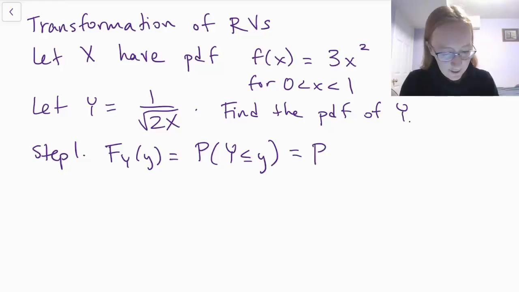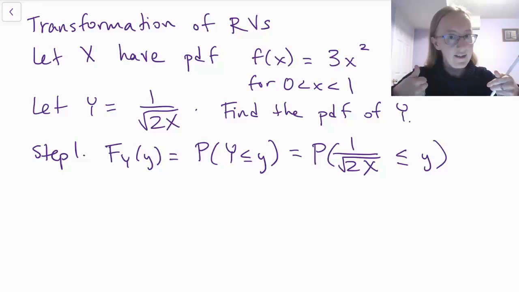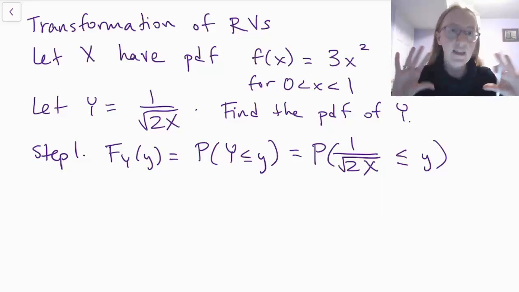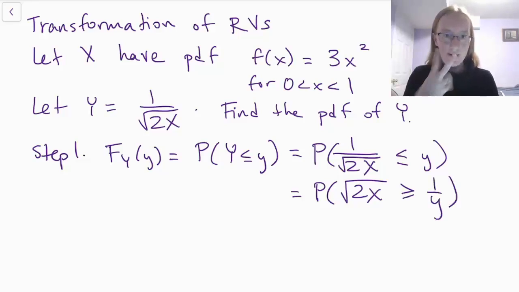Well, sub in the definition, that's the probability that 1 over root 2X is less than or equal to little y. And then we're going to try to isolate for X. So we take the reciprocal of both sides. X is already positive to begin with, and we're taking the positive square root, so we don't need to worry about negatives. So this is the probability that root 2X is greater than or equal to 1 over y, because when we take the reciprocal, we flip the inequality sign.